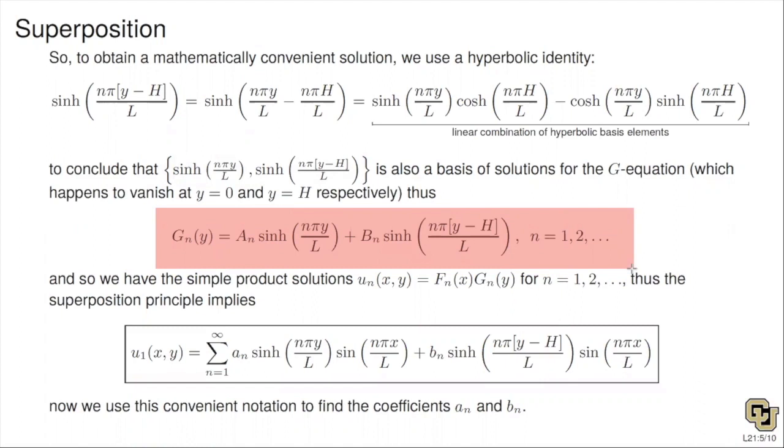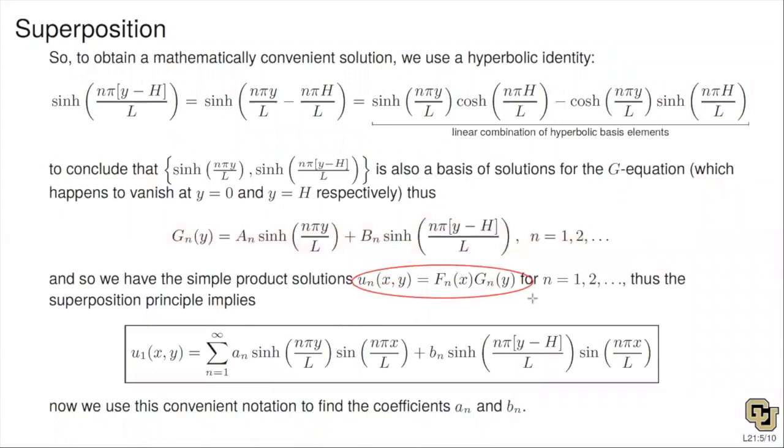So yeah, now product solutions. Here, we now combine our F equation solution, which is just our sine function, and all this hyperbolic stuff. So here's the F equation solution.